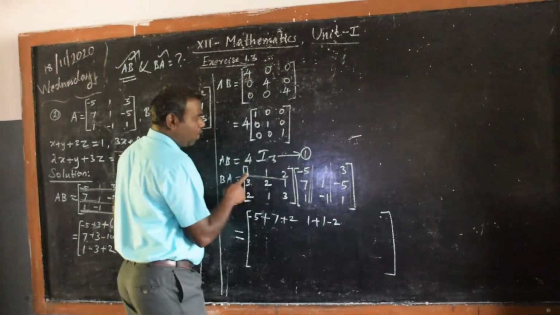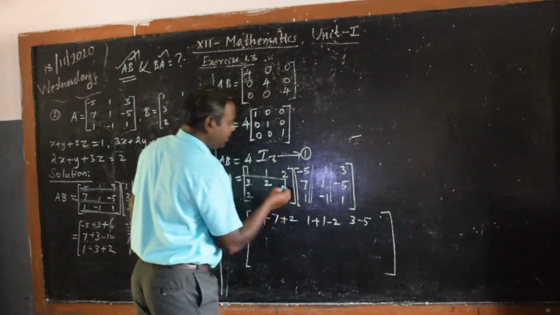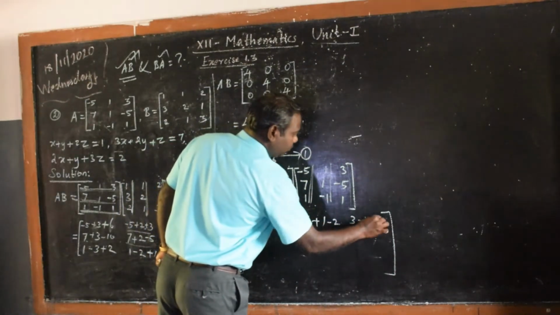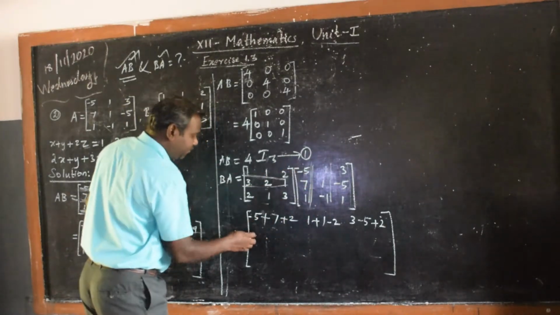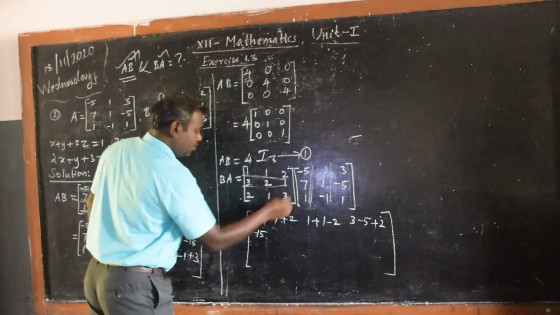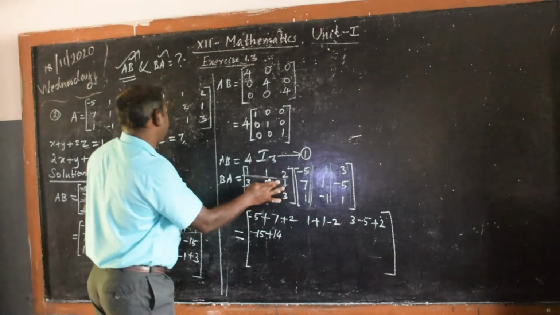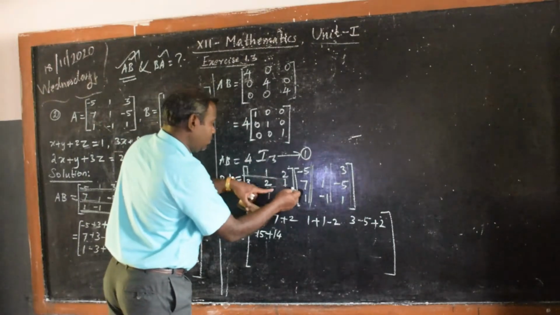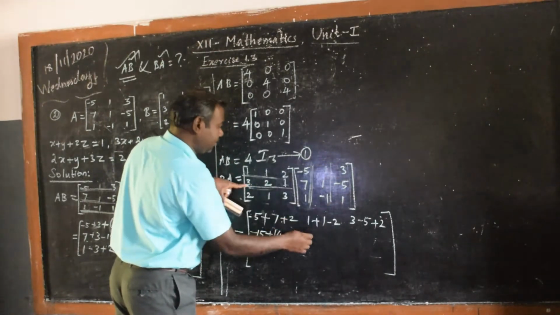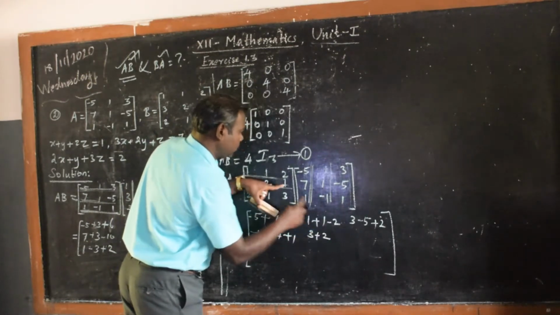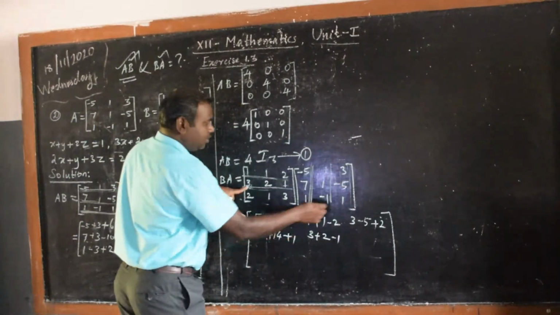First row, last column: 1 into 3 is 3, 1 into minus 5 is minus 5, 2 into 1 is 2. Next, second row, first column: 3 fives are 15, so minus 15, 2 sevens are 14, plus 1. Second row, second column: plus 3 plus 2 minus 1.